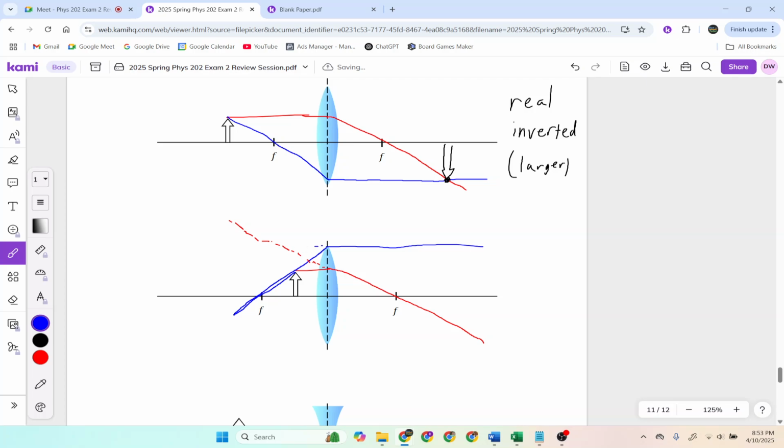And I'm going backwards like a mirror image from the right side. So there's where my lines intersect. There we go. And we say this image is virtual, obviously. It is upright. Again, we can see that. And this one's going to be definitely larger.